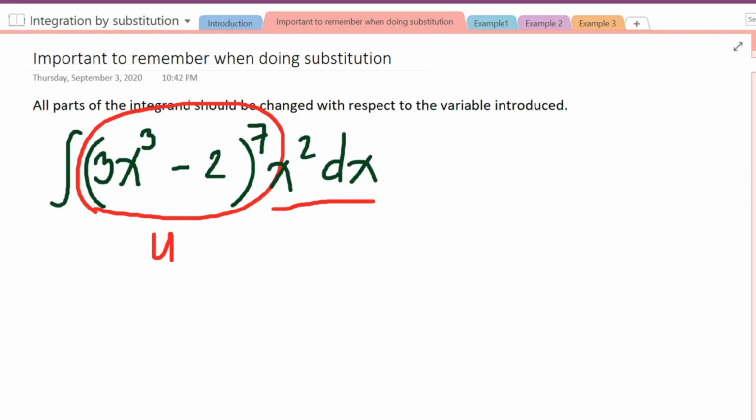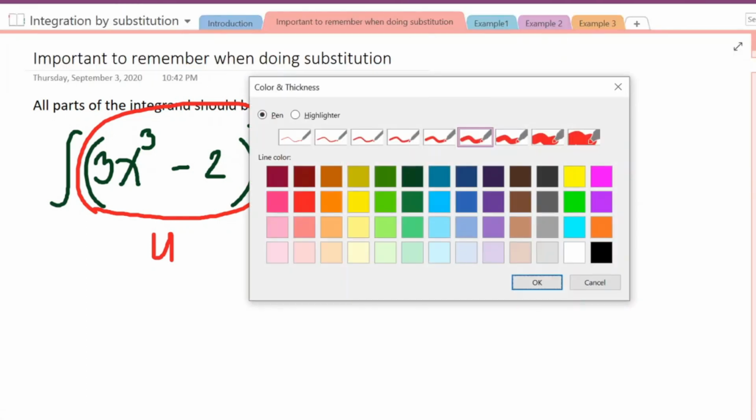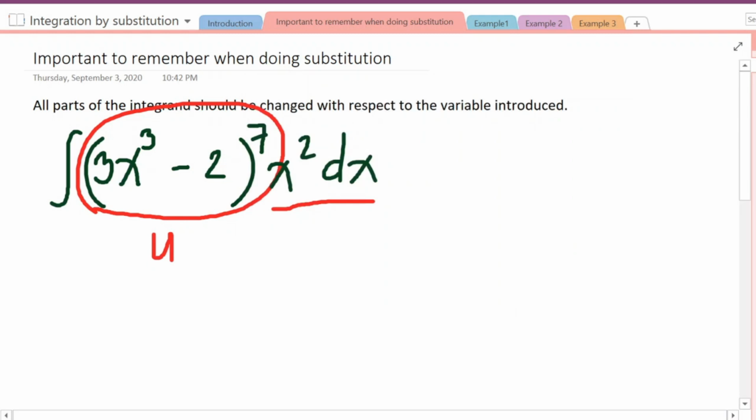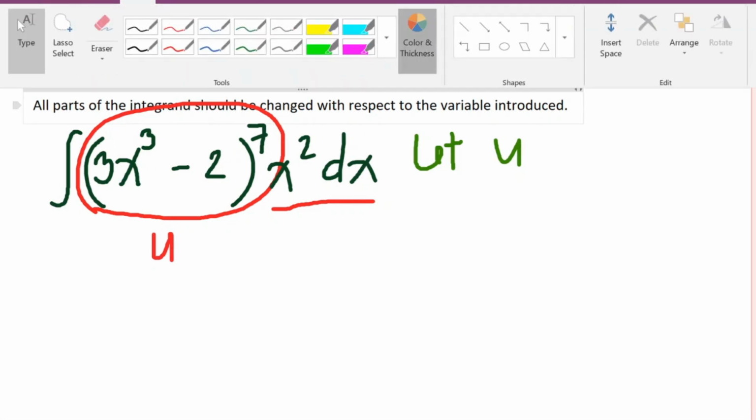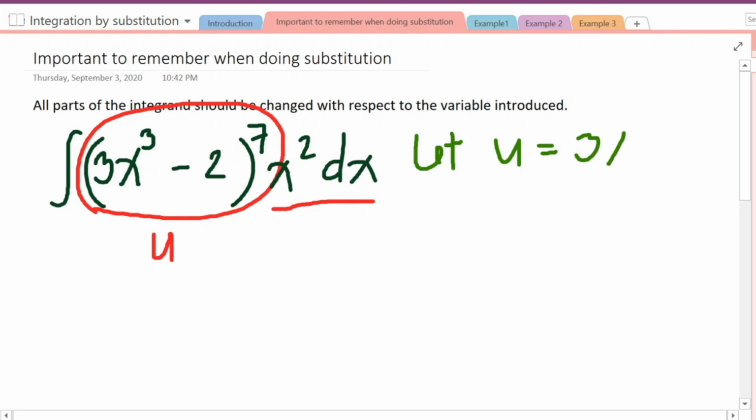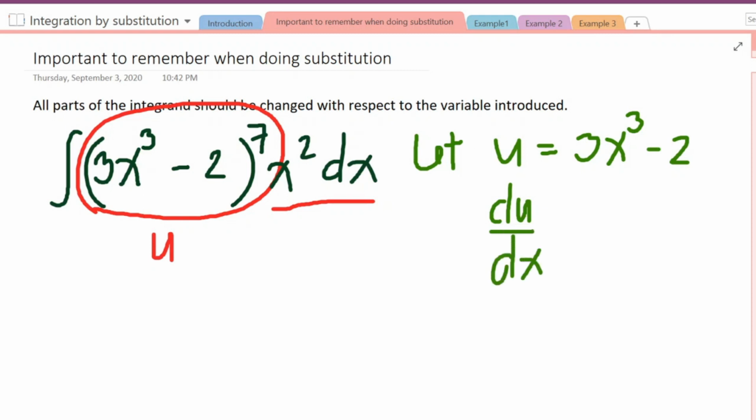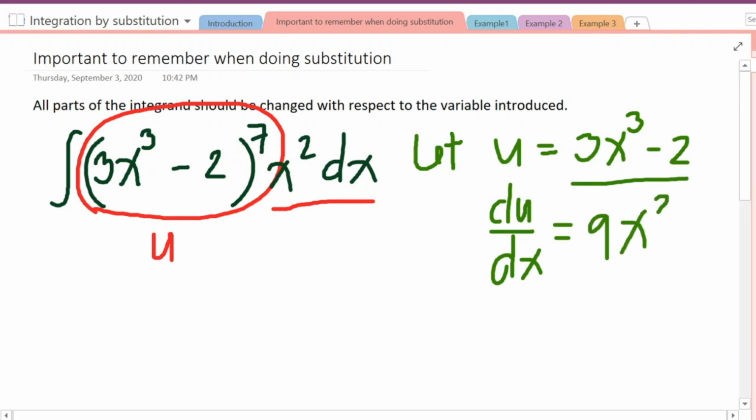So let's go ahead and do that. We let u equal to 3x cubed minus 2, and the derivative for this is, from our previous presentations, 9x squared.